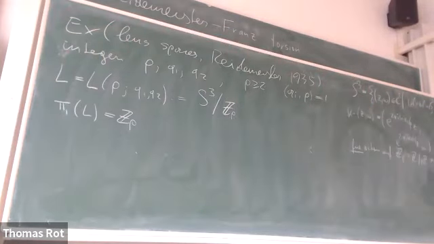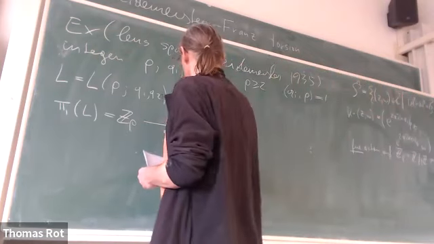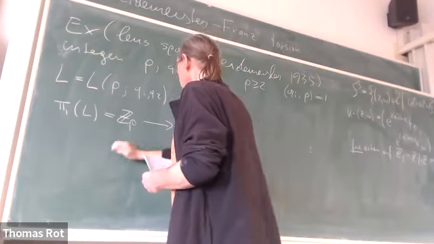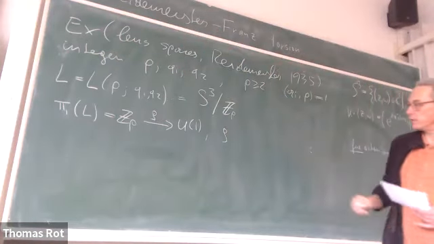Of course, we need a universal covering here. It's pretty clear, and we need a representation. So to compute the torsion, we need a representation, and here you have some choices.